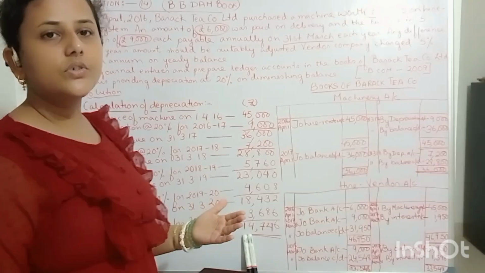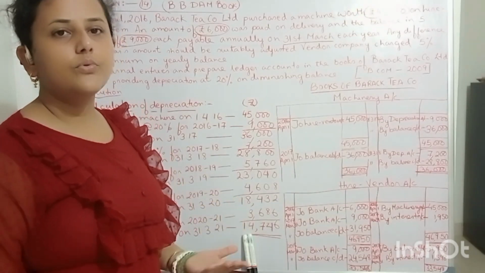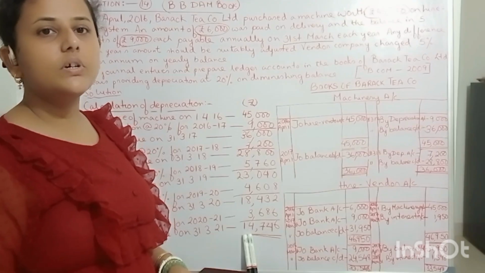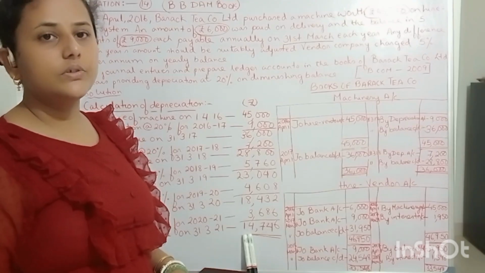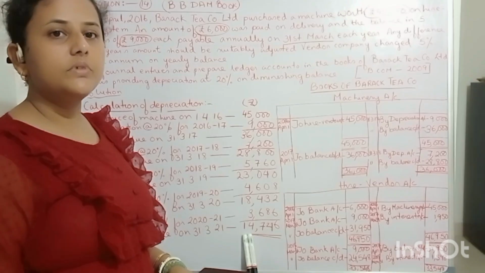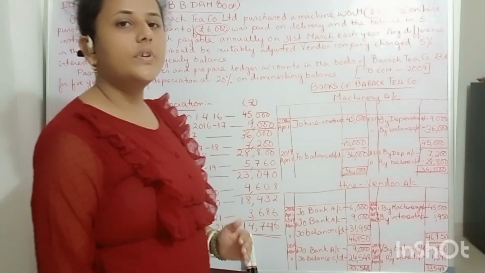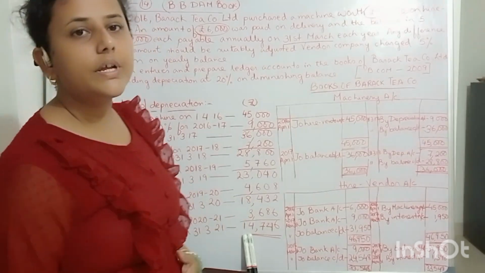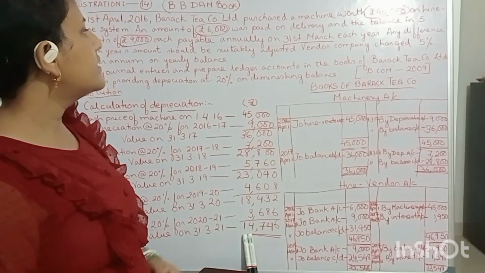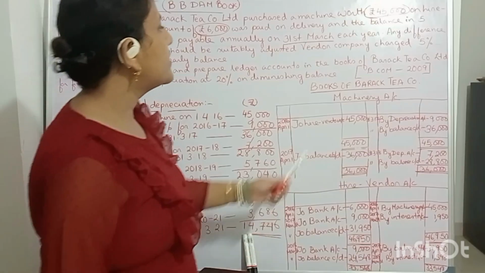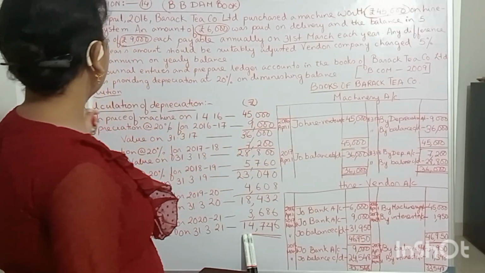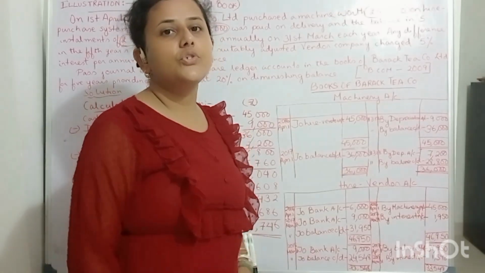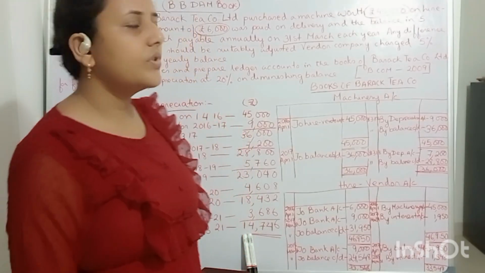So the interest for the last year is the difference between the 5th year's installment and the balance, that you have to take out. And the vendor company charged 5% interest per annum on the yearly balance.